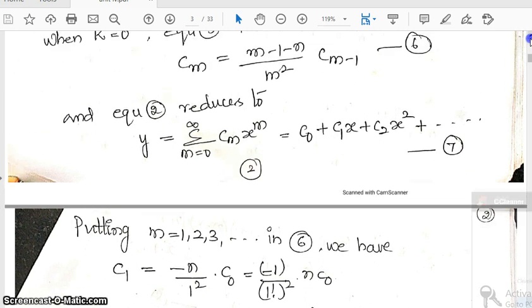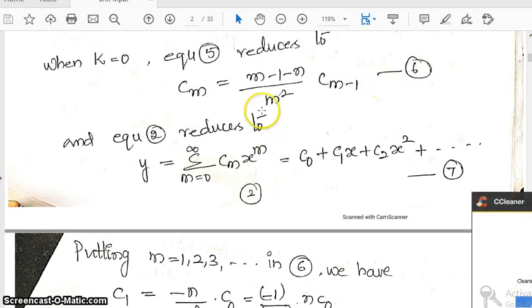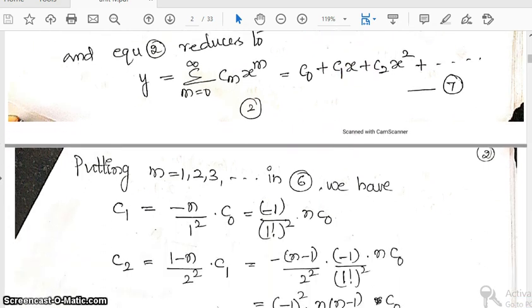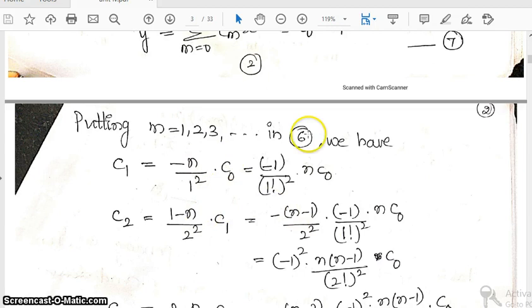Now putting m equal to 1, 2, 3 and so on in this equation, first if we substitute m equal to 1, then c1 equal to (1 minus 1 minus n) by 1 square into c_(1 minus 1), that is minus n by 1 square into c0, which can be written as (minus 1) by (1 factorial) whole square into n into c0.